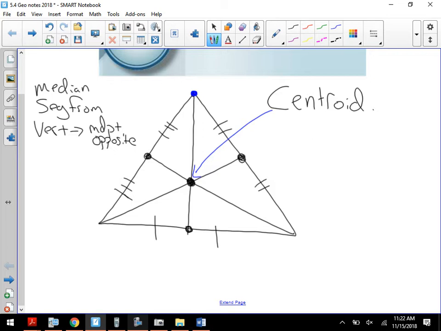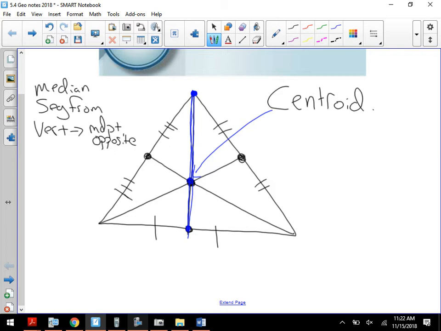That's a vertex. That segment goes through the centroid and it hits the other side. You okay with that? It's not necessarily the middle. The centroid is where the three of them run into each other. We're going to explain what the centroid is here mathematically in a second.